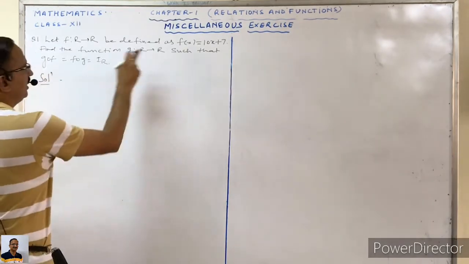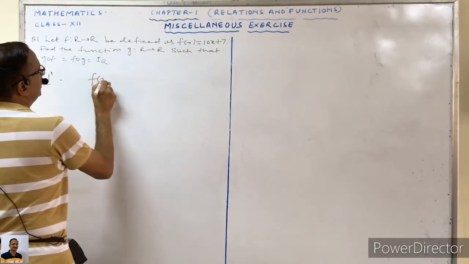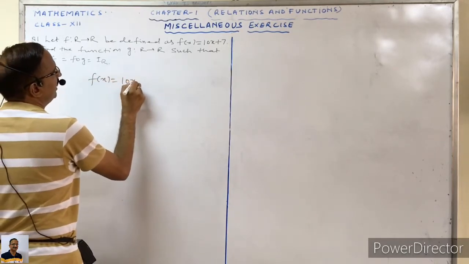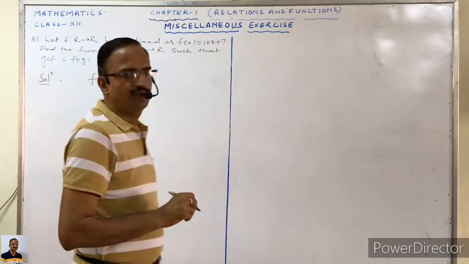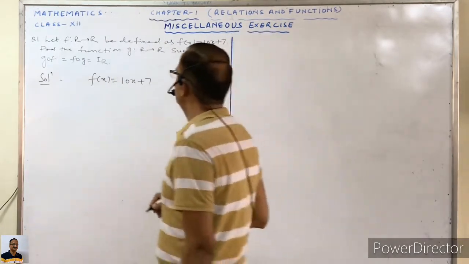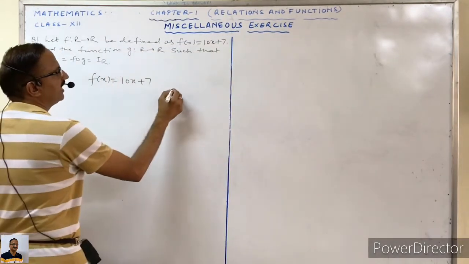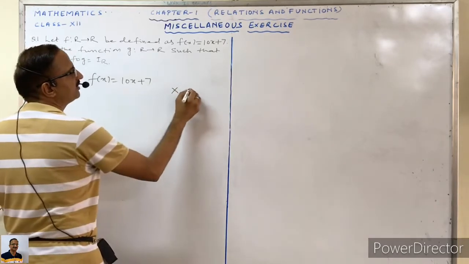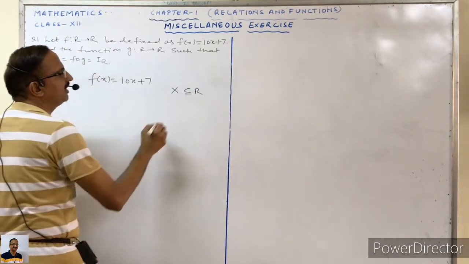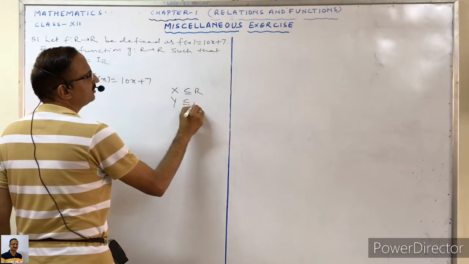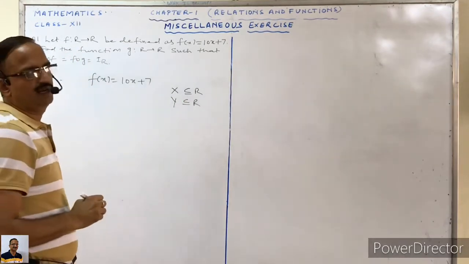We have function fx equals 10x plus 7. For this we assume two more sets. Set x, which is a subset of real numbers, and set y, which is also a subset of real numbers.